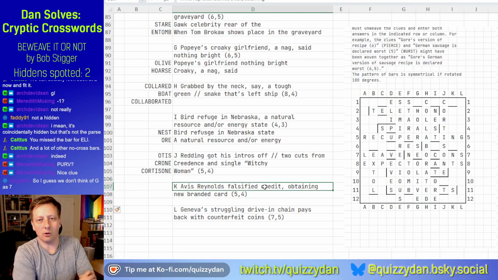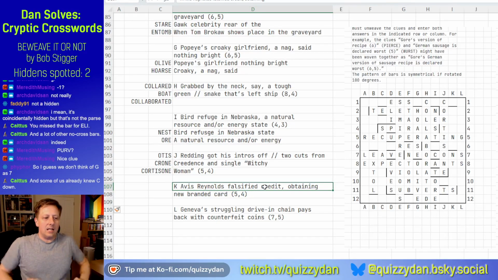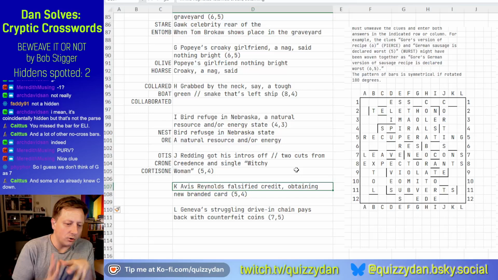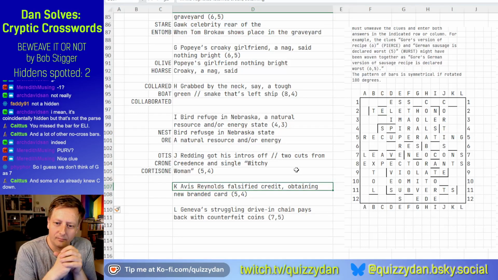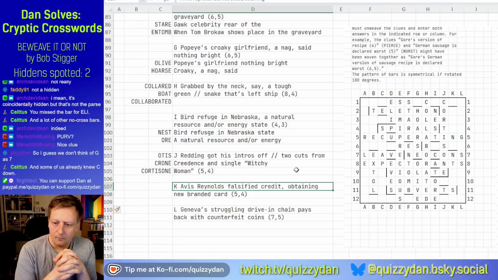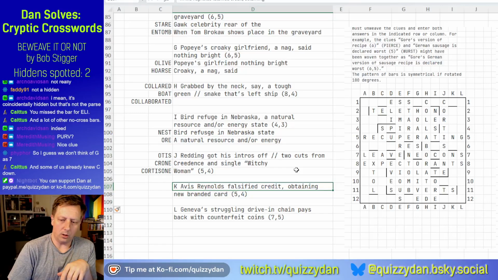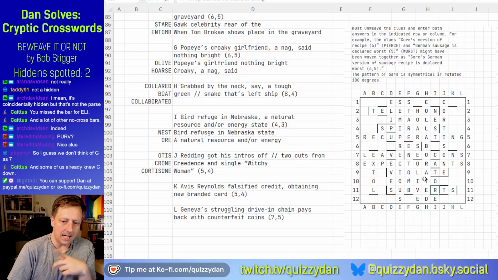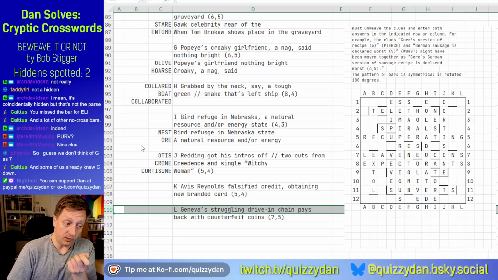I'm looking forward to doing a crossword where I don't have to consider how many clues are in each actual clue. Avis Reynolds falsified credit obtaining new branded card. We do know that it's a 5 here and a 4 somewhere in here. So we do know that we've got 2 weaved together clues.